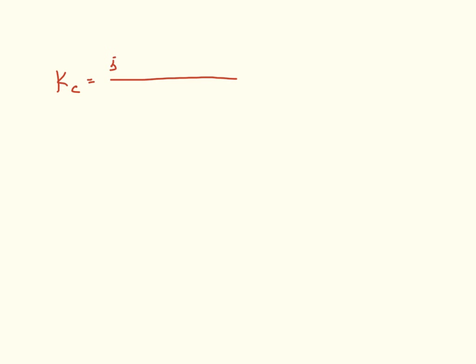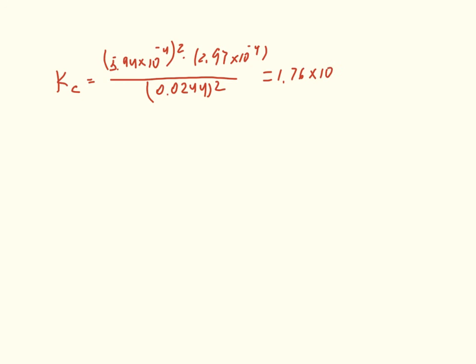So it's going to be 5.94 times 10 to the power negative 4 squared, times 2.97 times 10 to the power negative 4 over 0.0244 squared, and the answer is 1.76 times 10 to the power negative 7.